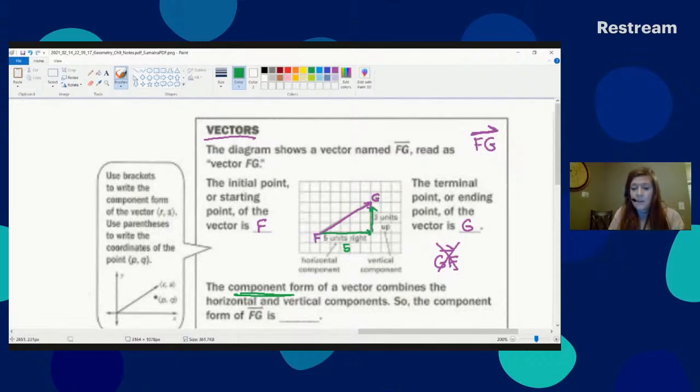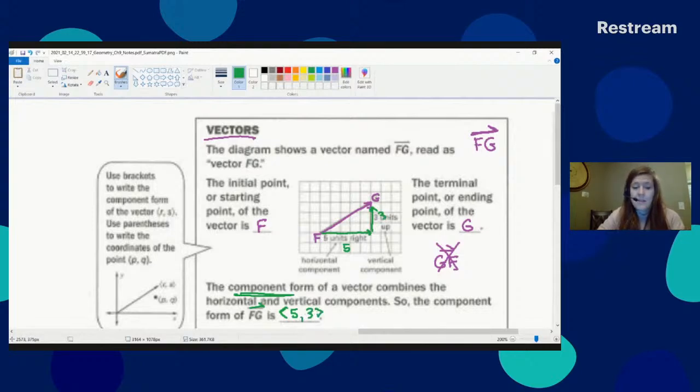So another way that we can express vector FG is in component form. Component form combines the horizontal and vertical components. So the component form of vector FG is, and we write these brackets like this, 5 units in the x direction, and 3 units in the y direction.